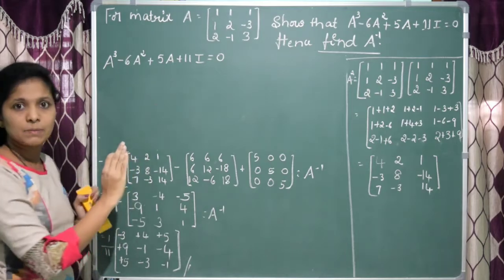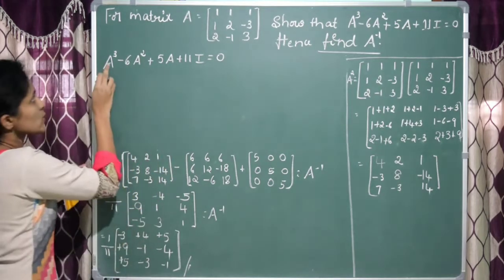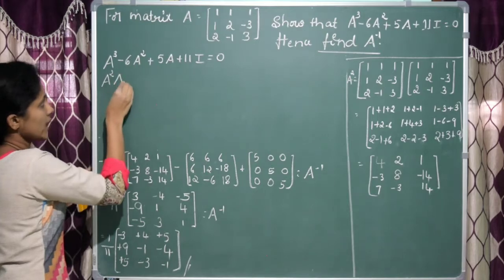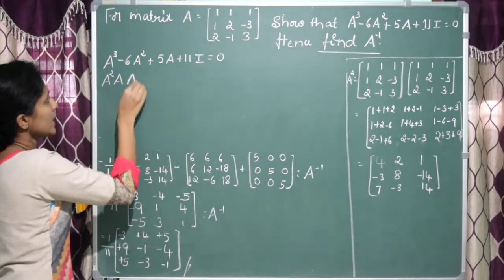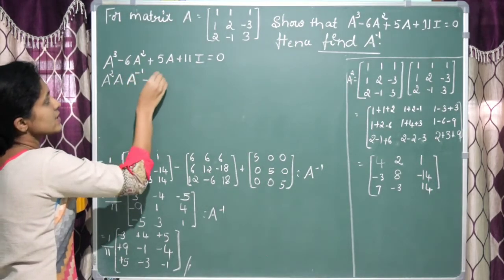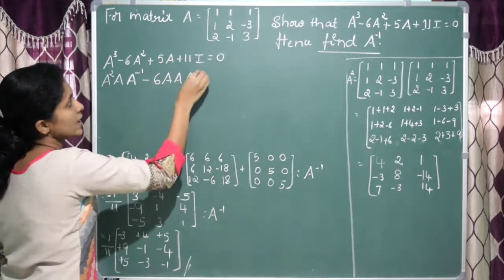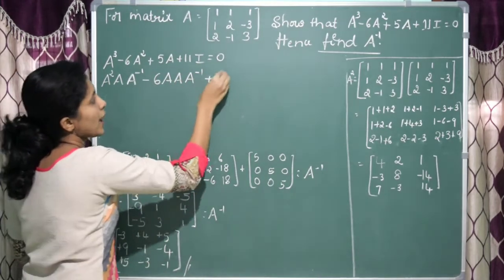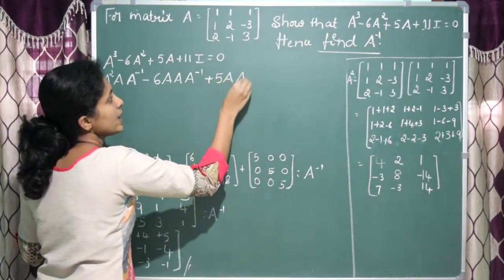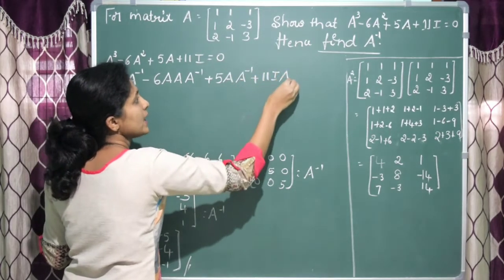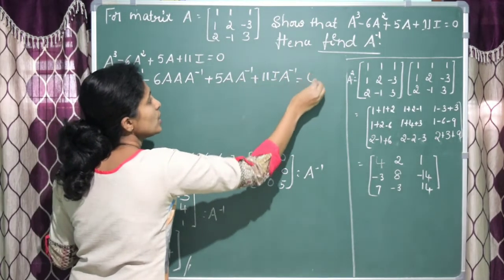Now you have to multiply by A inverse on the right side. So this one I can write as A cube as A square into A, multiplied by A inverse, minus 6 A square can be written as A into A multiplied by A inverse, plus 5 A multiplied by A inverse, plus 11 I multiplied by A inverse. This is equal to 0.